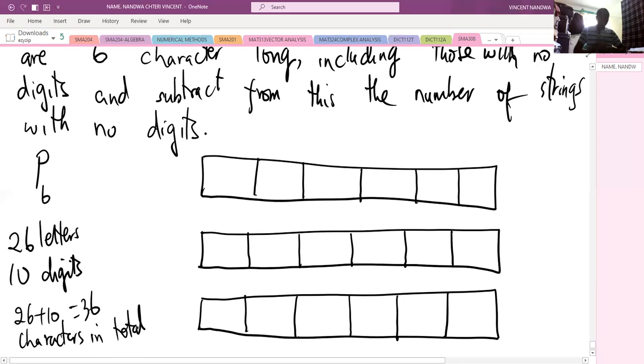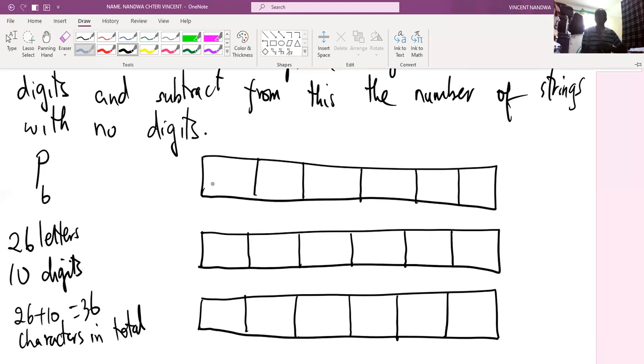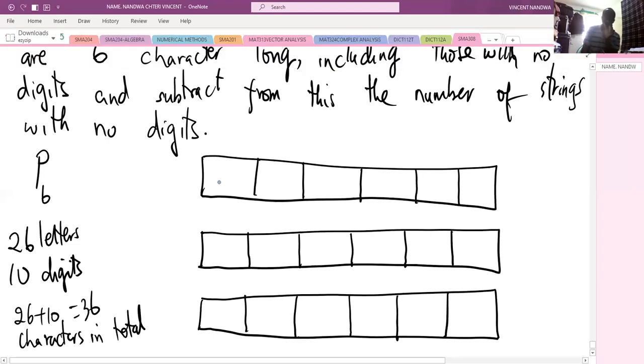So in this first box, the first character in my password can either be a digit or a letter, so I have 36 possibilities. The second one, with the same assumption, has 36 possibilities, and so on: 36, 36, 36.